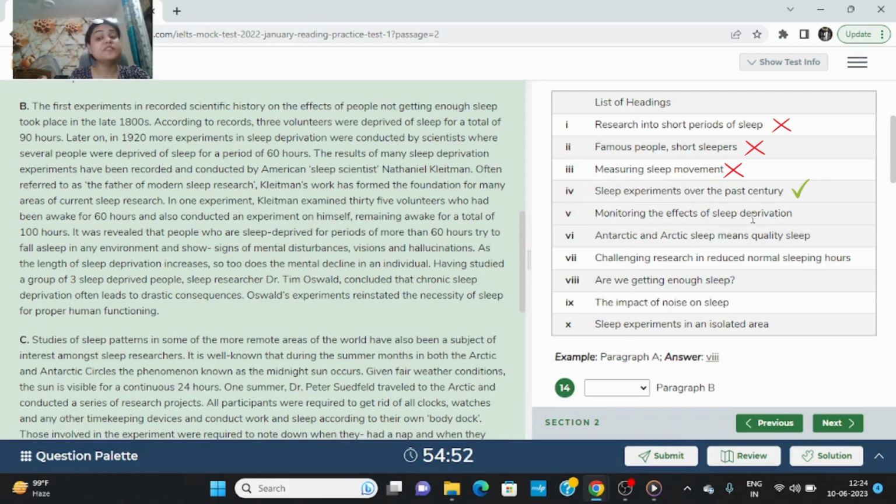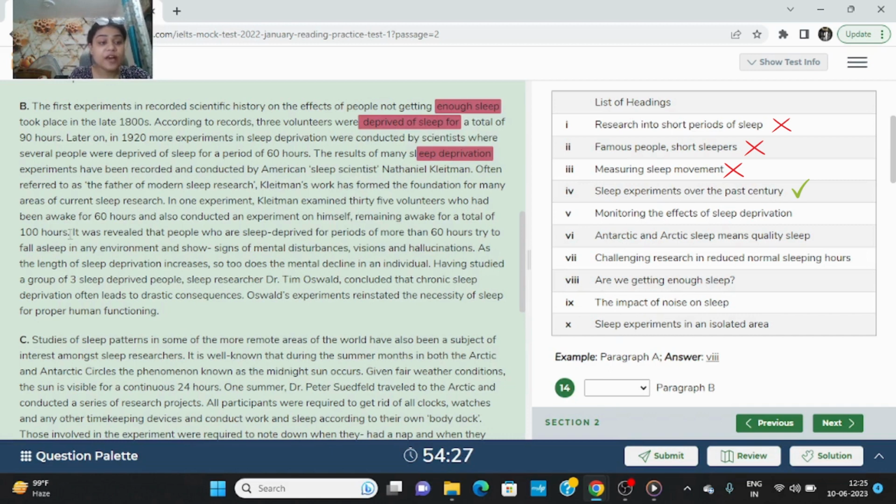Monitoring the effects of sleep deprivation. If you see, guys, here most of the topics are related to being deprived of sleep, not getting enough sleep. You can see over here also they are talking about sleep deprivation.